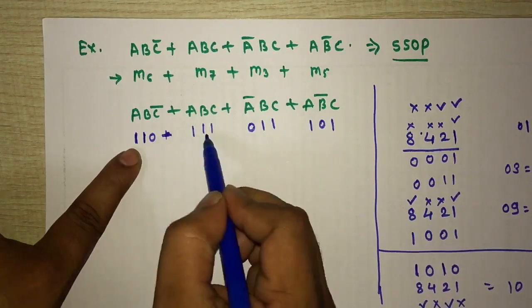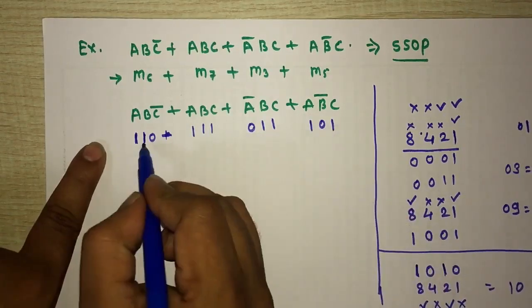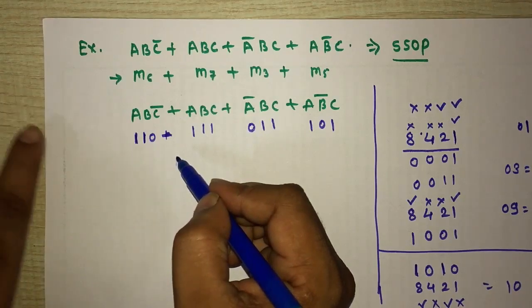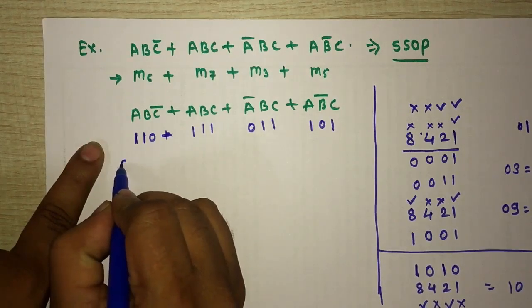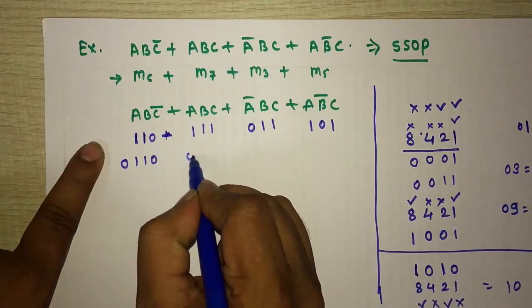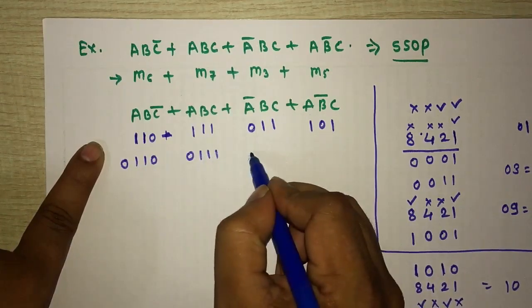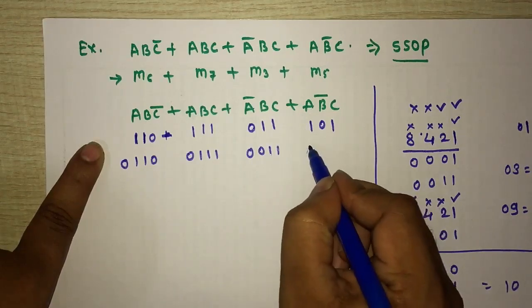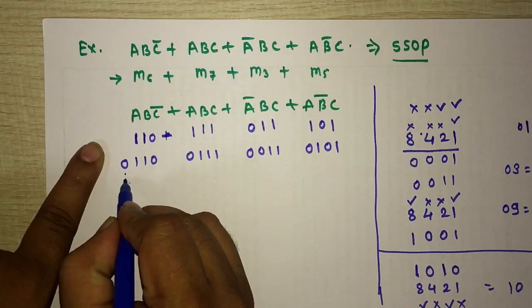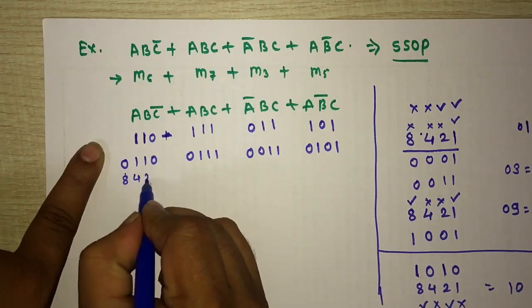So convert this number into a 4 digit number by adding 0 from the left hand side. We will write this term as 0, 1, 1, 0, this term as 0, 1, 1, 1, this term as 0, 0, 1, 1, and this one is 0, 1, 0, 1. Then convert it into the decimal value.